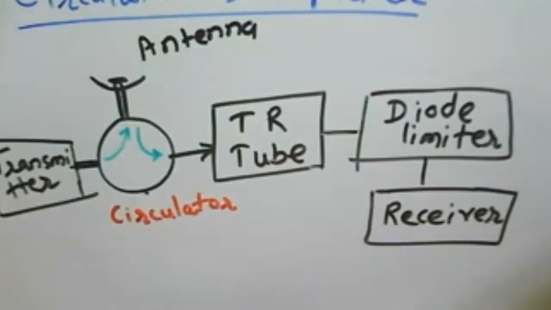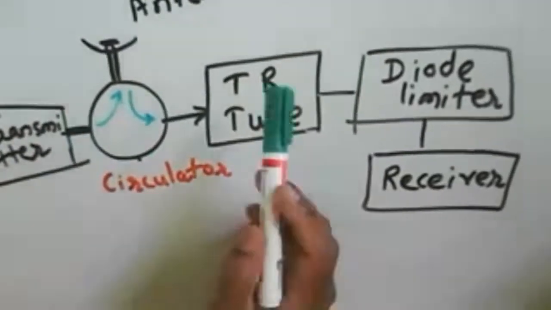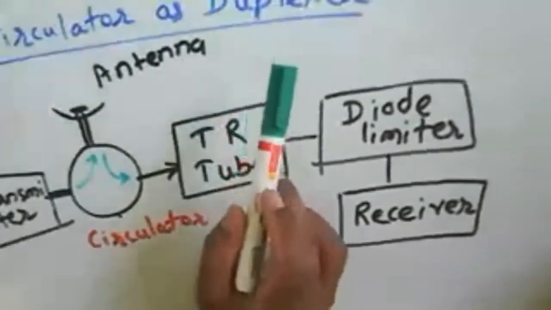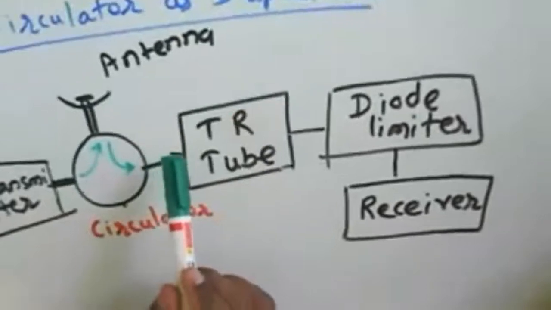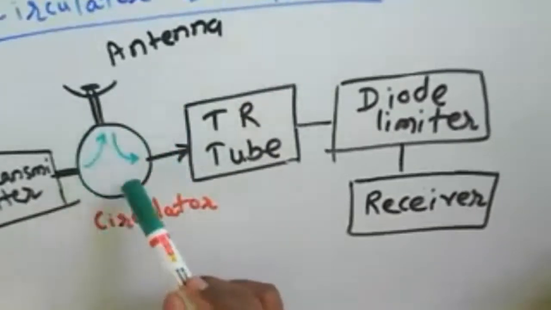Then the receiver and other blocks are present, and that is to be used in a duplexer. Another consideration for the duplexer: instead of only a circulator, we can use various kinds of components.